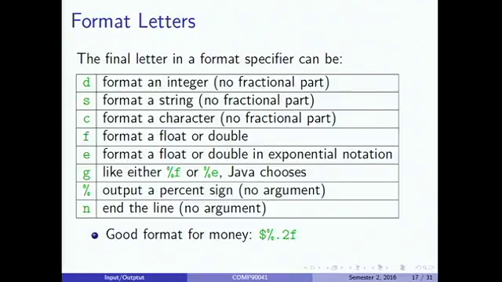And then a couple of special ones. So you might, once again, be wondering, what if I want to put a % sign in my format string? I just want a % sign to come out. Well, you write %%. So %% tells Java that this % is not a format anything.